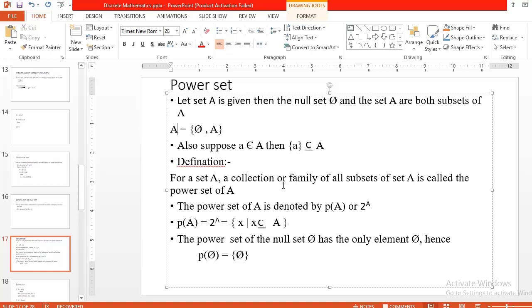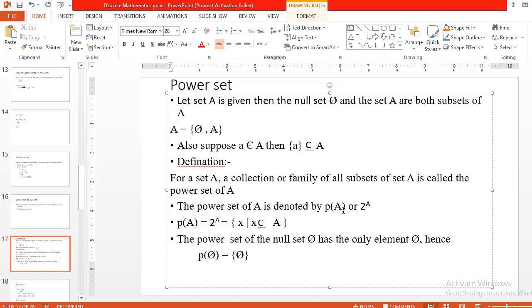The collection will include the phi set and the set itself. By using these two, the null set and the set itself, we can denote the power set. So how can we denote this power set? By using symbols. It can be denoted by P of A, the power set of A.